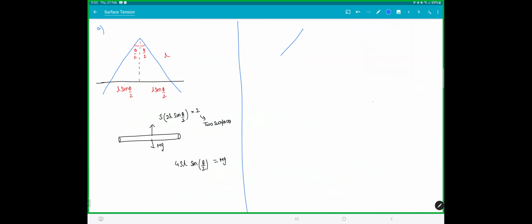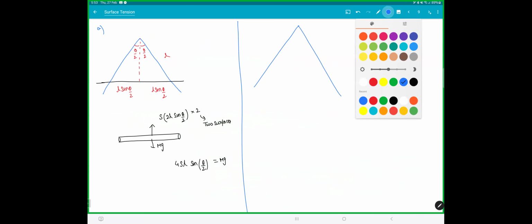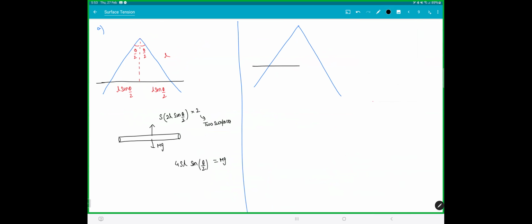So what will happen for the second part? This was the initial position of the rod. Now the rod is pulled till here. Now see, this was the distance x. This angle is theta by 2.